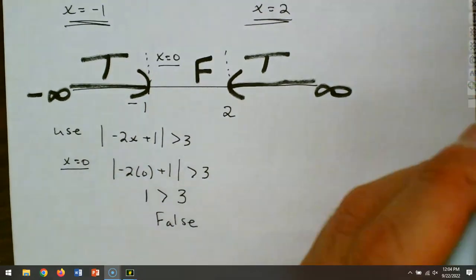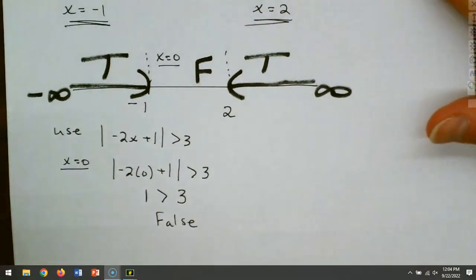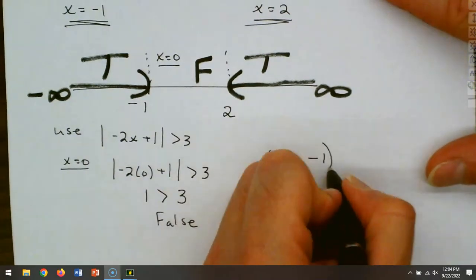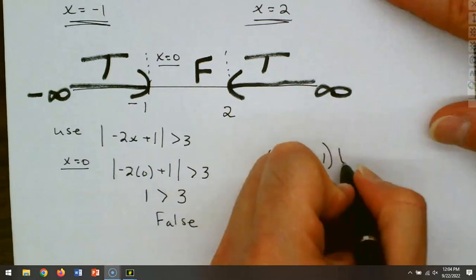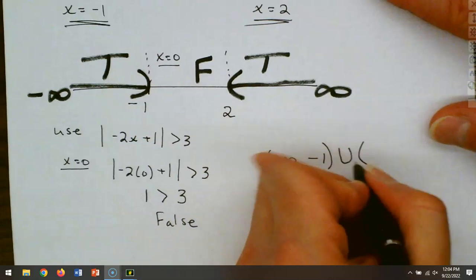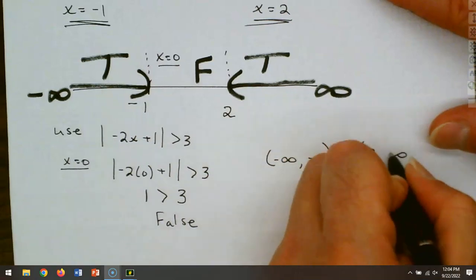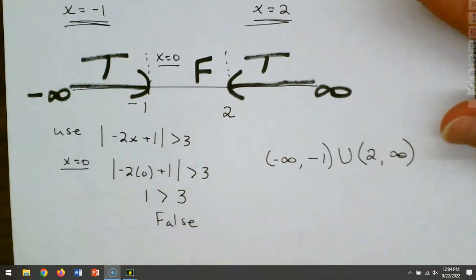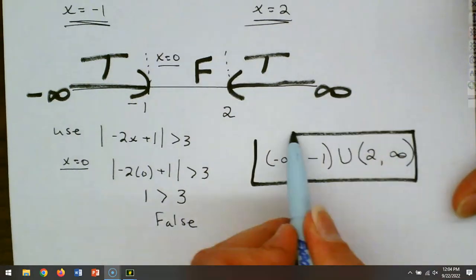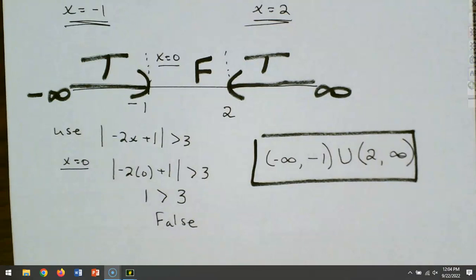And so what does our answer look like now? Negative infinity to -1 with parentheses. Then we use a U that represents union, putting the pieces together. Then we have 2 to positive infinity. So that gives us now our 2 parts to that answer.